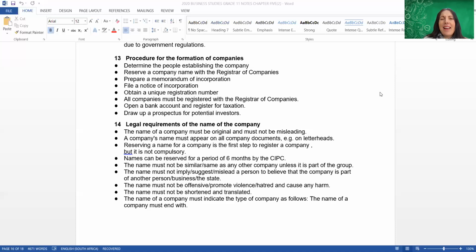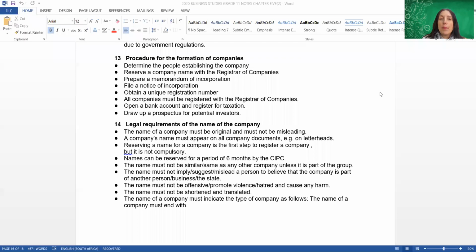You can, I think, submit things manually, but especially in the times we live in today, I'd rather go straight on the website and fill in everything there. So if you want to reserve a name, you do that with the Registrar of Companies, which falls under the CIPC.